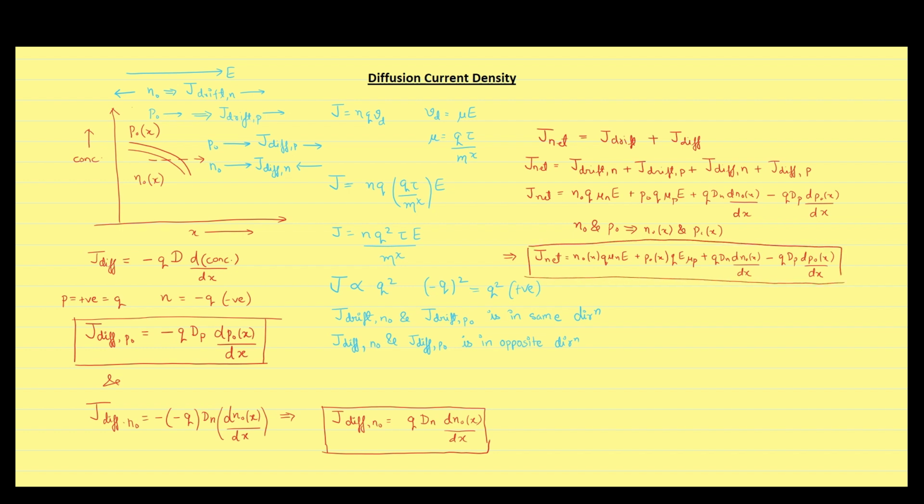However, sometimes J net is also written as net current density produced by holes plus net current density produced by free electrons, where the net current density due to holes is given by the summation of all the components which are produced due to holes.